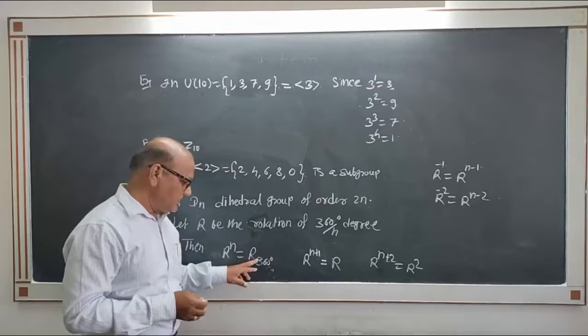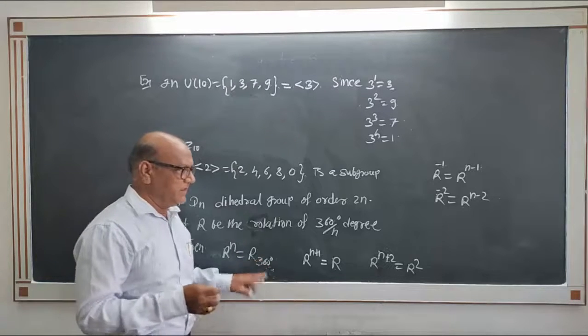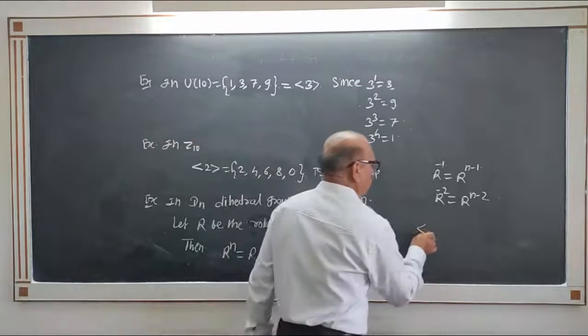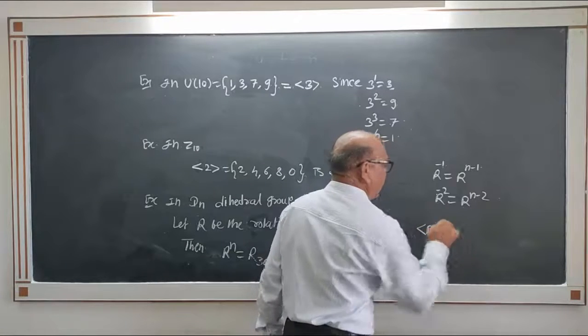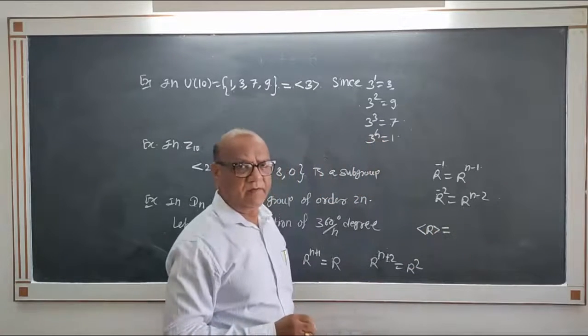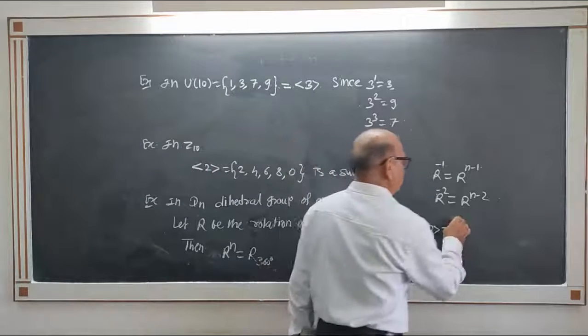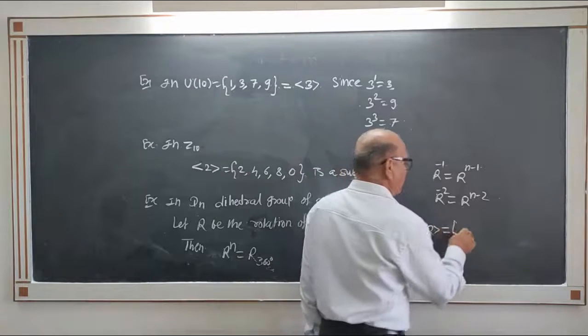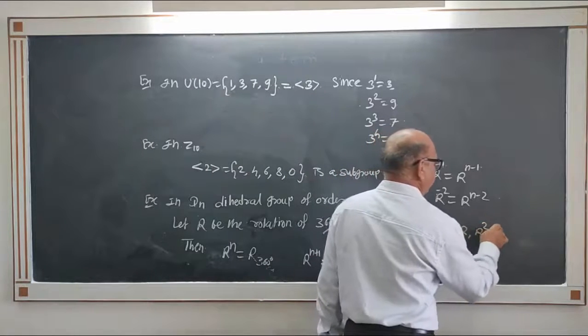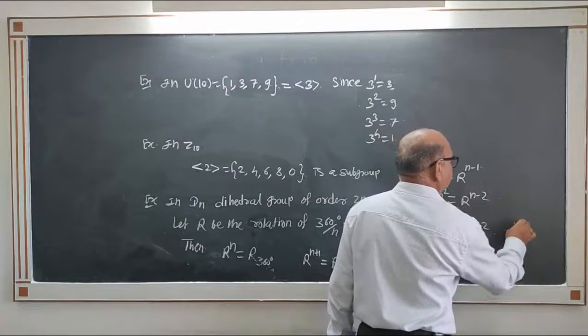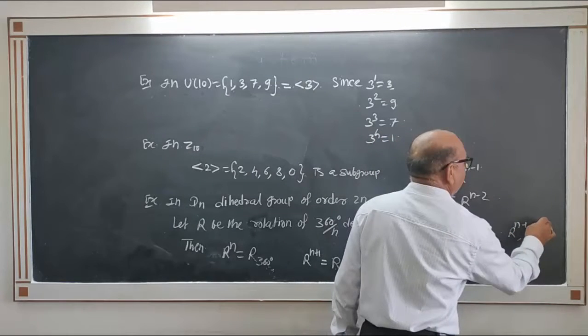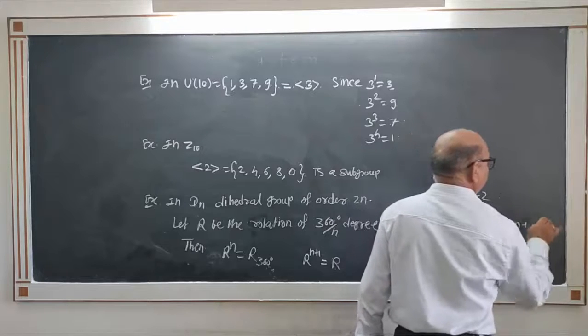This is the identity element, and so R square, and so on, R raised to n minus 1 and R raised to n.